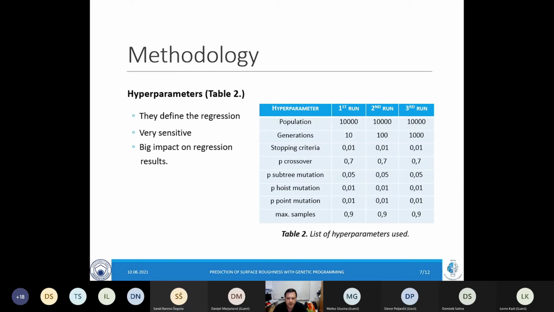The better procedure would be that you define the hyperparameters in a certain range, define a function which randomly chooses the hyperparameters. So you need to make more than 3 executions of the GP algorithm.